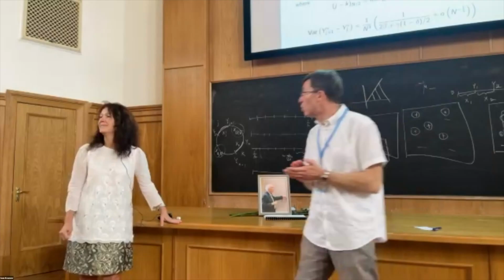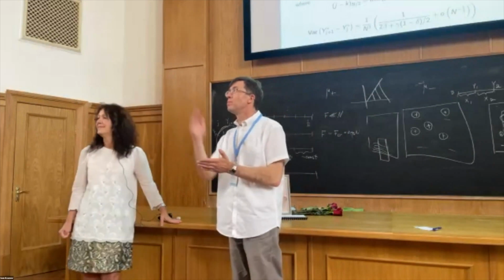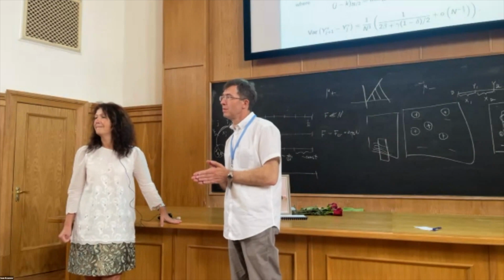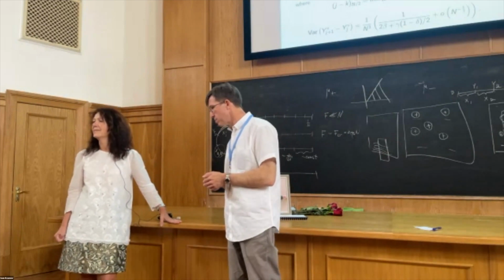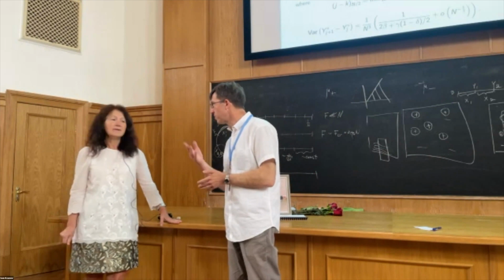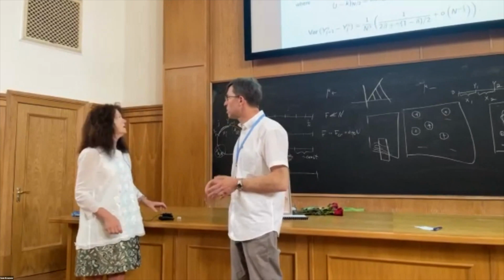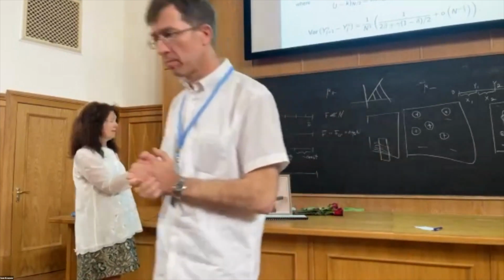Please, more questions, maybe some questions from Zoom. Maybe it is possible to generalize to a more general potential. Yes. The question was, is it possible to generalize it for a different potential?